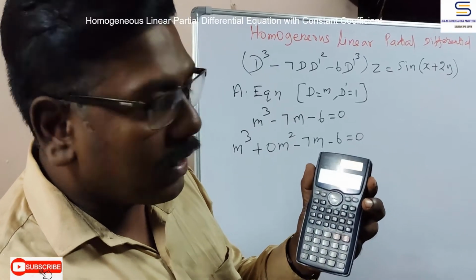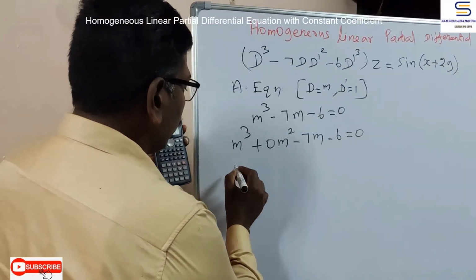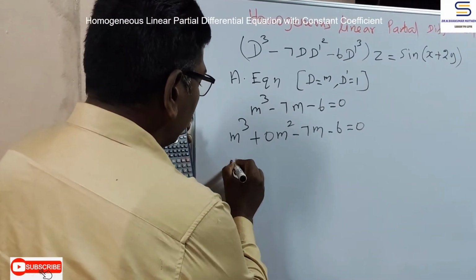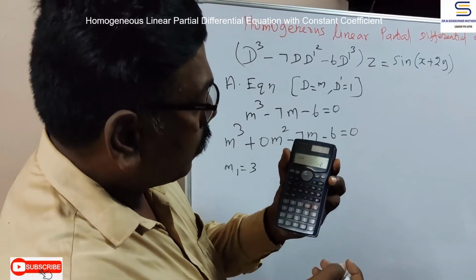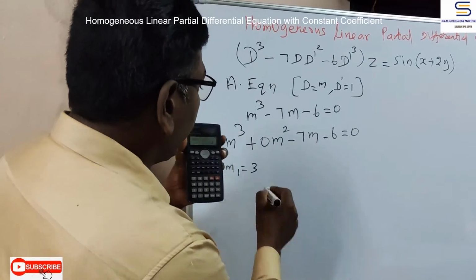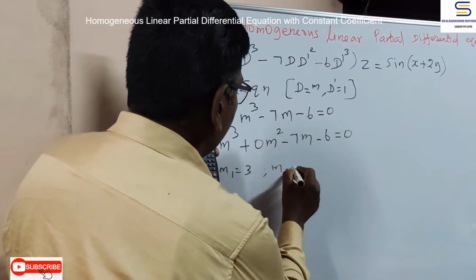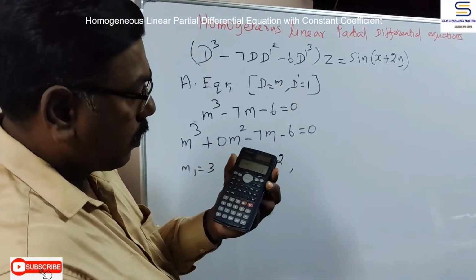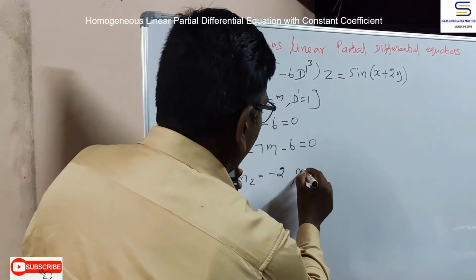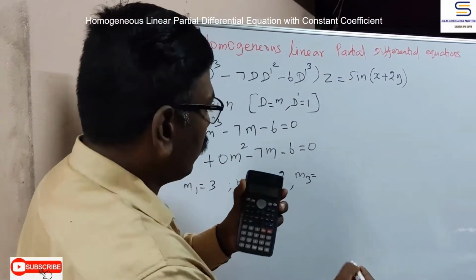So one value is 3. And then press equal to, we get minus 2, and press equal to, m3 equal to minus 1.